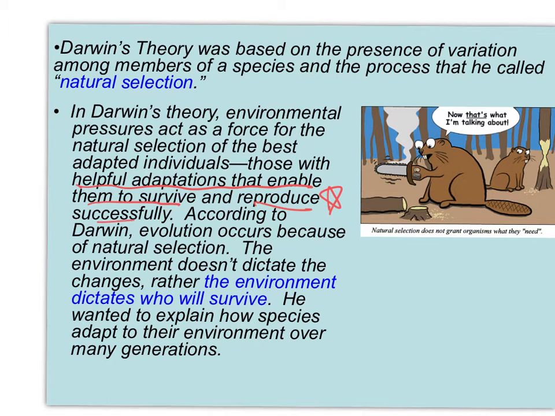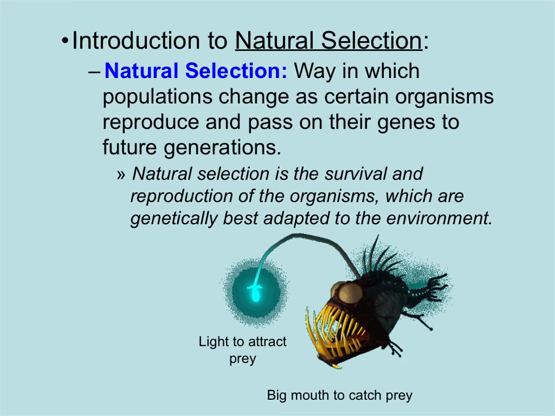So anyway, one of the other things he said was that the environment doesn't dictate the changes. The environment doesn't cause the change in the organism, but it takes the genetics that are there and it helps dictate who will best survive. Okay, so he wanted to explain how species adapt to each of their environments over many generations. So we're going to talk about some specific examples of this. So, natural selection.